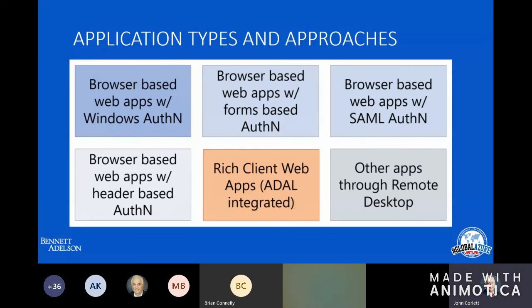Now, the way this works is there are agents that you install on some of your Windows servers on premises, and you can install 2 or you can install 20. They're free agents. I'm going to show you how to get access to those. And those agents will load balance the traffic up to the Azure AD Application Proxy.